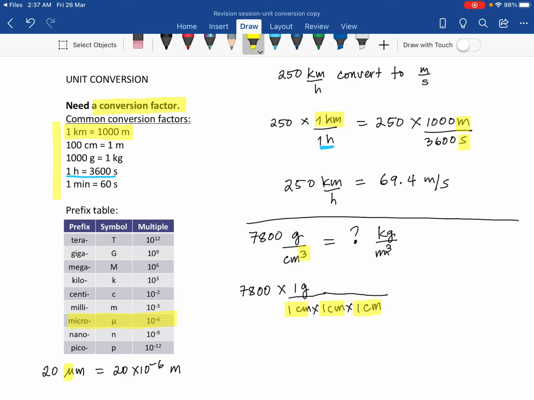If, for example, you have centimeters squared, then this exponent 2 means that you only have 2 units of centimeter present. So 1 centimeter times 1 centimeter is equal to centimeter squared.